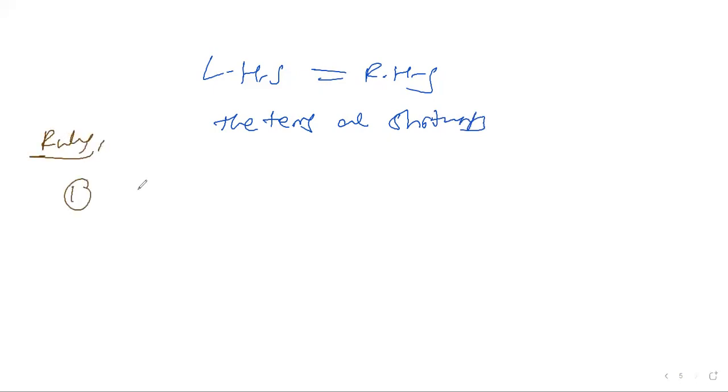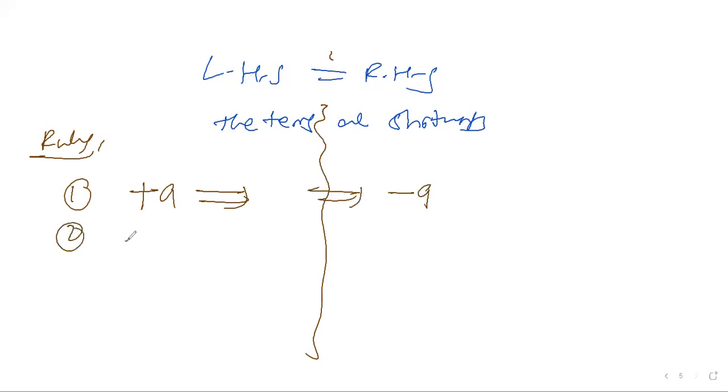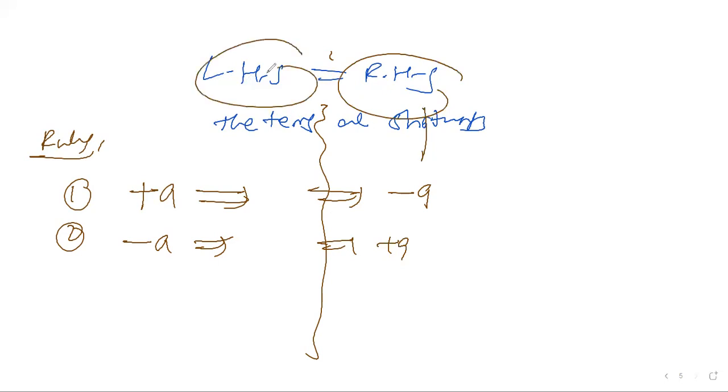Rules. Number 1, if it is plus A on the LHS, when you go to the RHS it becomes minus A. Rule number 2, if it is minus A, when you go to that side it becomes plus A. The same from RHS to LHS: plus A becomes minus A, and minus A becomes plus A. If it is multiplied with some other term on the LHS, when you go to that side it should be division.